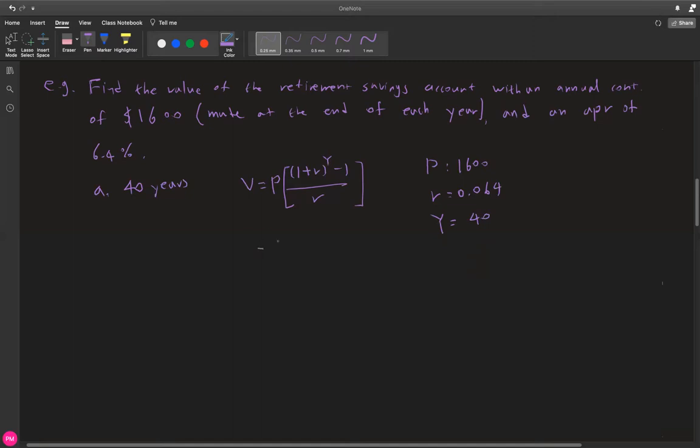By simply substituting everything in, we have $1,600 multiplied by 1.064 to the power of 40 minus 1, and you divide everything by the APR. So by simply doing this, you should be able to get $273,954.52.